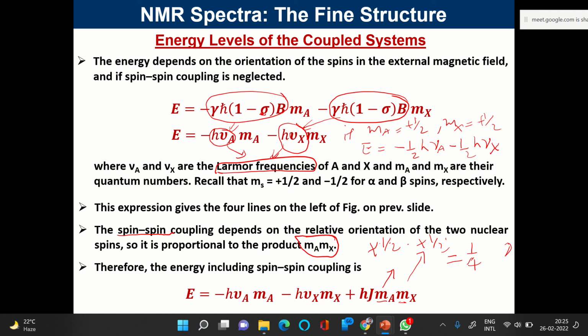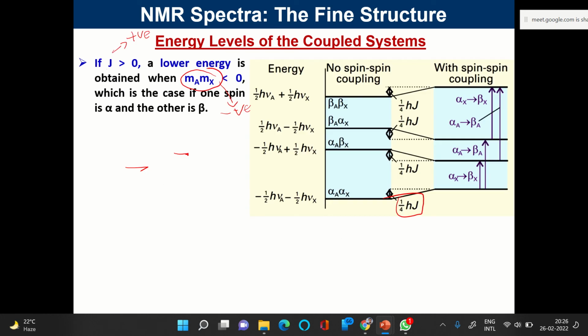If both are minus half, this is minus half and this is minus half, again it will be plus 1/4. So in both cases, either alpha A alpha X or beta A beta X, when you multiply the MA MX values, you will have an increase of plus 1/4. So a plus 1/4 term is coming over here and a plus 1/4 term over here, for that reason.